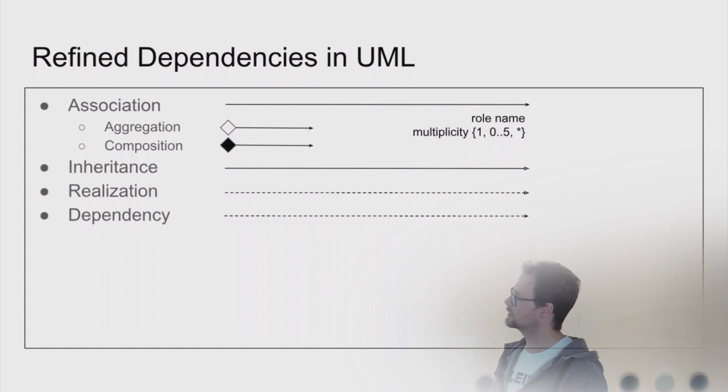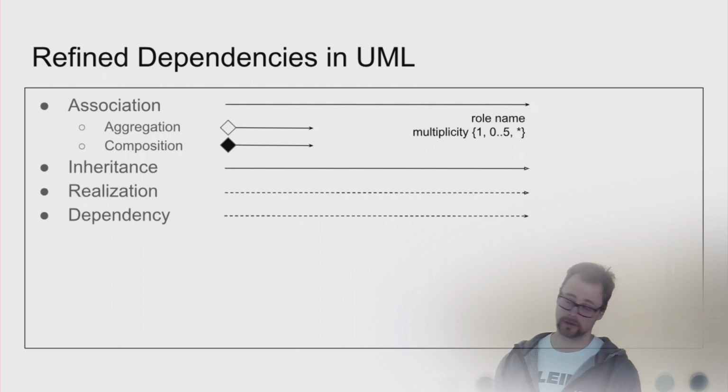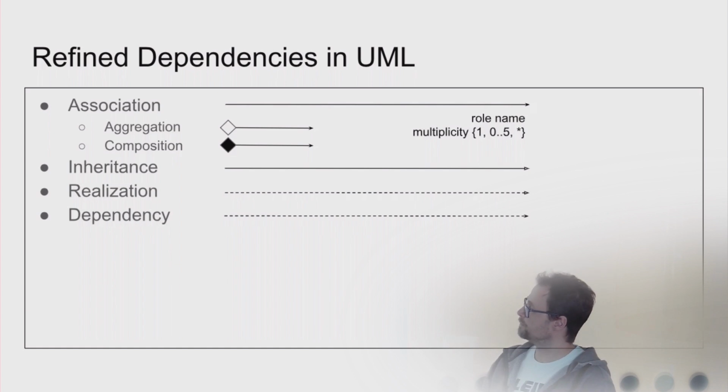Often, however, we see that the type name is repeated in the role name. We often just say, oh, person has a person number, so I put person number and use the same name for the property or the field as the type itself is. But try to find a good role name.